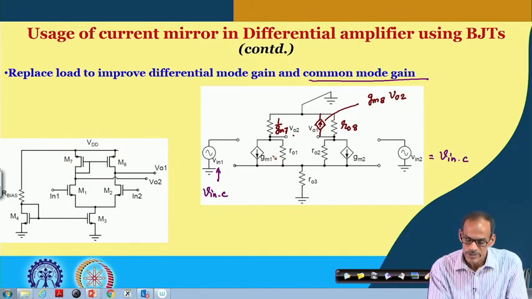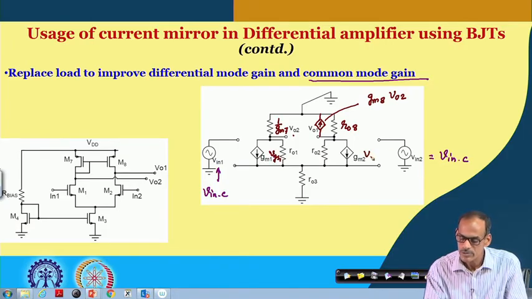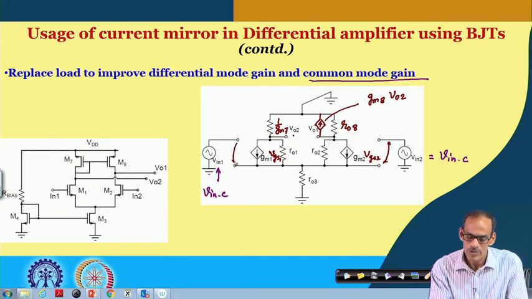Now, this is GM into VGS1 and this is into VGS2, and this is the corresponding VGS2 and this is the corresponding VGS1.